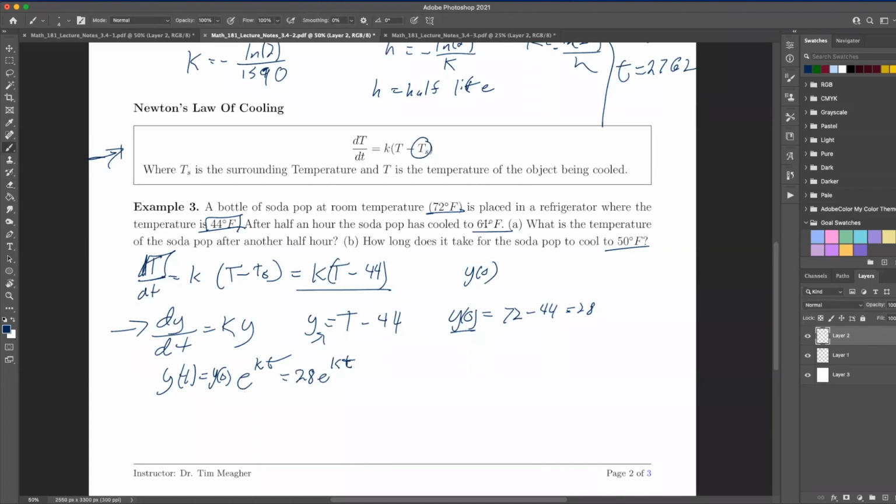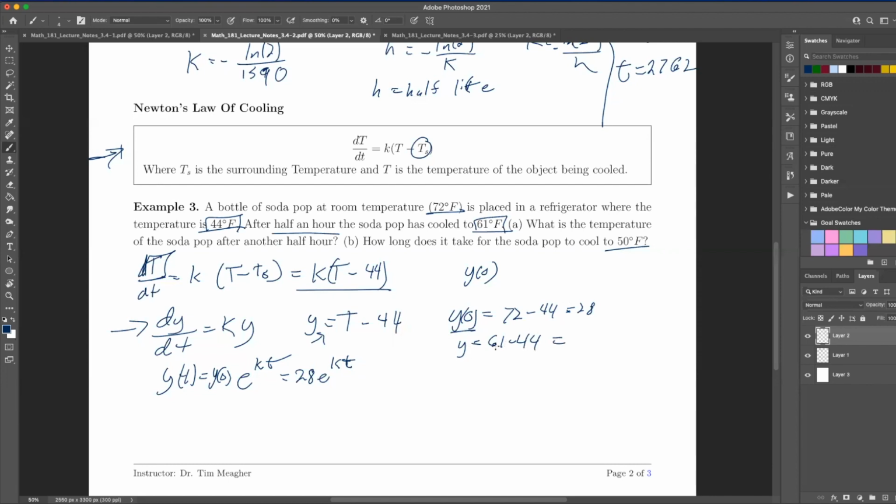All right, so we want to find, after half an hour, sorry, the soda pop cooled to this amount. What is this amount in our translated variable? So y in this case would be 61 minus 44.